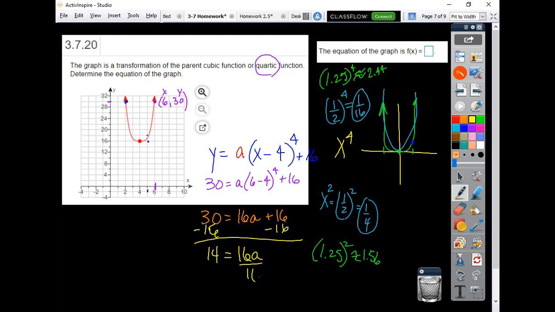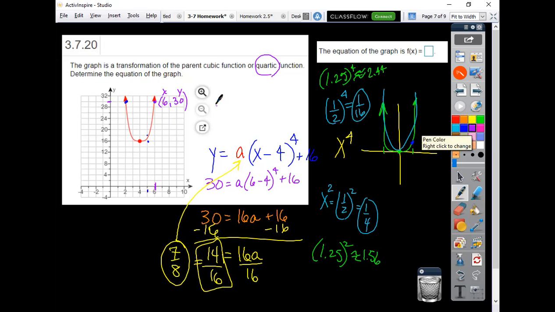And divide by this 16. So if I take that 14/16, reduce that, since 2 divides into both of those evenly, to a 7/8, and I take that 7/8 and put it right there in place of that a, that should give me my final equation for this of 7/8 quantity x minus 4 to the 4th plus 16.